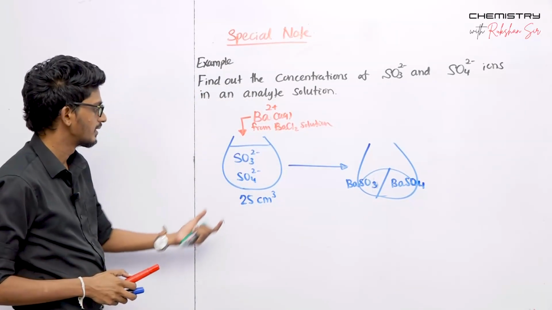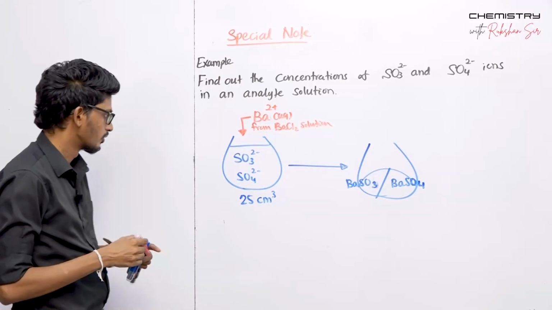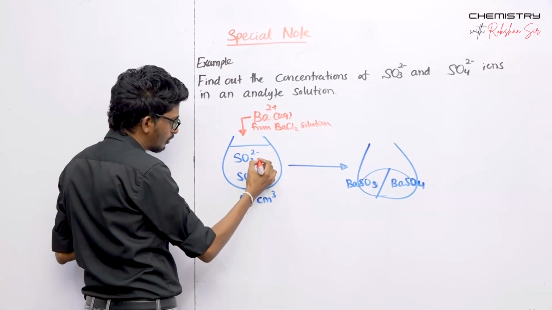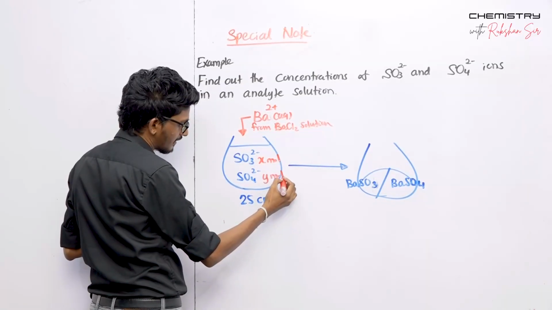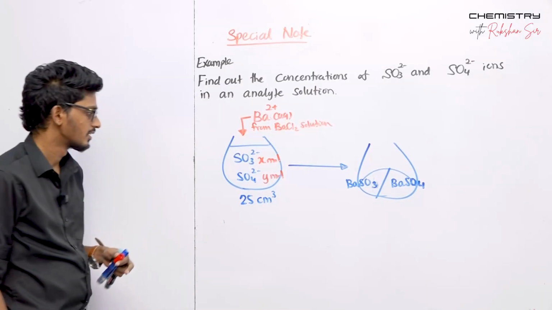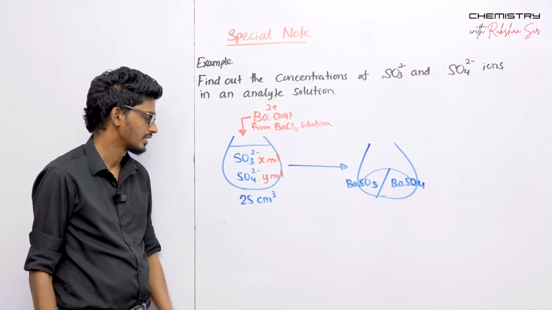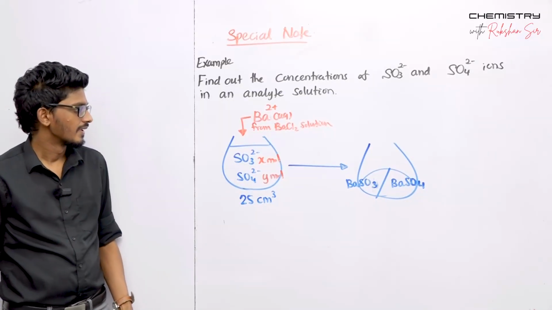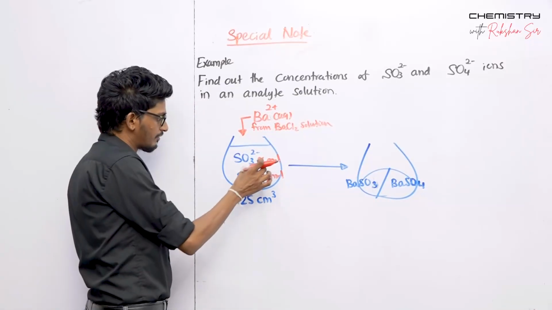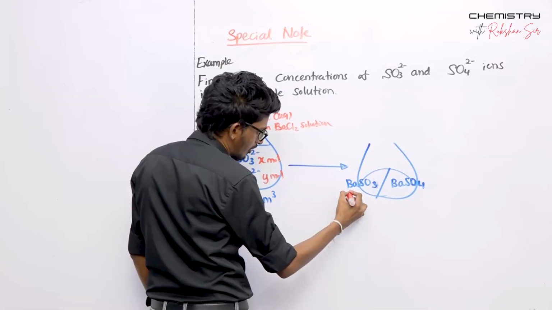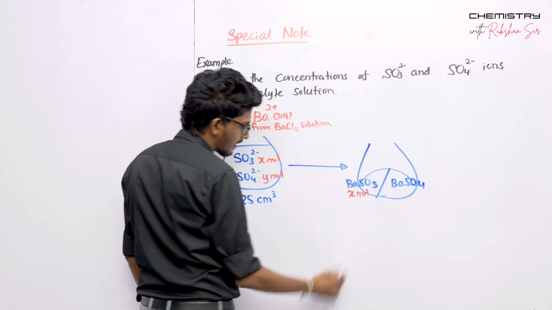So our task is to come up with the concentration of this thing. So to come up with the concentration, if you are able to come up with the number of moles here and here, that will be done, right? That is our task, right? So if you know the number of moles, you can come up with the concentration, right? So see, if you have to come up with this kind of a precipitation, if sulfite amount is x moles, barium sulfite amount will be also x moles, right?